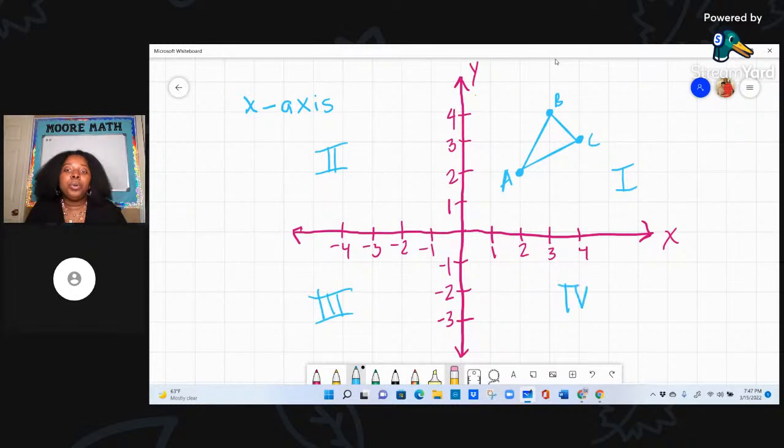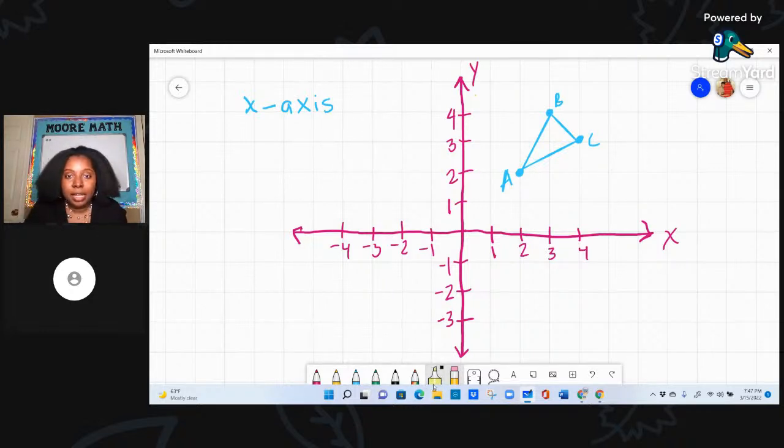Which quadrant would your new coordinates be in if you're reflecting over the x-axis? 4. Good. Okay. So good. You did know that, right? So check, we know that.